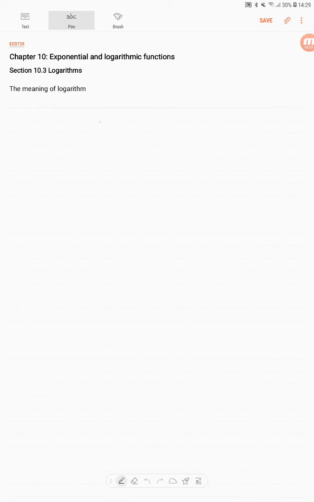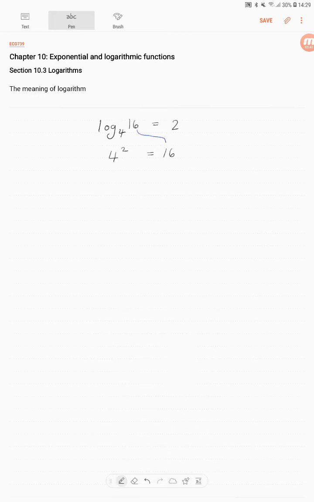Say, for example, we have log base 4 of 16. This will be equal to 2. How does this relate to the exponential functions that we have been looking at? 4 squared is equal to 16.